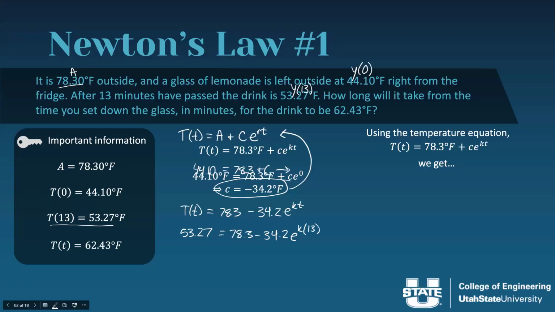We can do that by subtracting 78.3. Nope, subtract. You're right. Skipping ahead. Thanks, guys. 53.27 minus 78.3, and that is divided by negative 34.2. And then I'm going to take the natural log of both sides, right, to equal k times 13. Then we can divide by 13, and that should be our k.